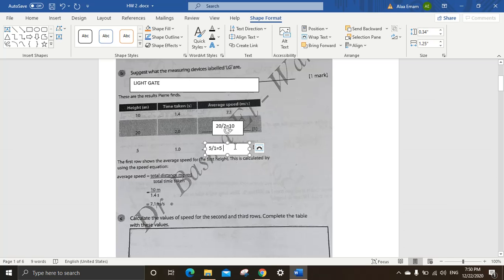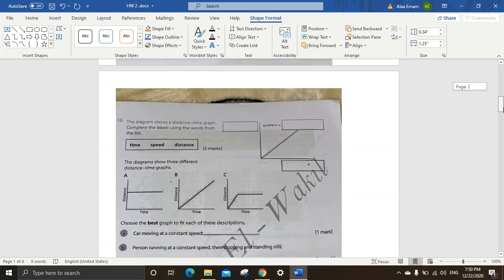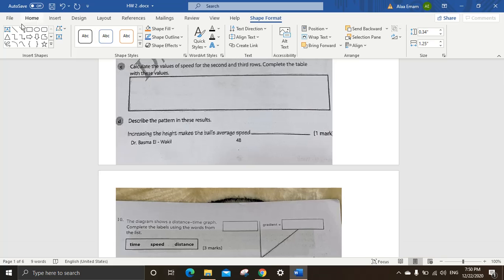So there is a clear relationship between the height and the average speed, right? So as the height increases, the average speed also increases. So we can simply fill this in with the words the speed increases. You can also write goes higher or any other word that gives the same meaning.